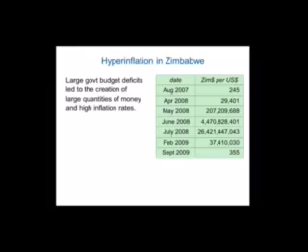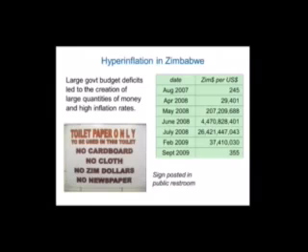Literally within 6 or 7 months, the exchange rate changed dramatically. If you sold one US dollar, you would get 245 Zimbabwe dollars. By July of 2008, it rose to 26 billion. So there was a huge effect of inflation.